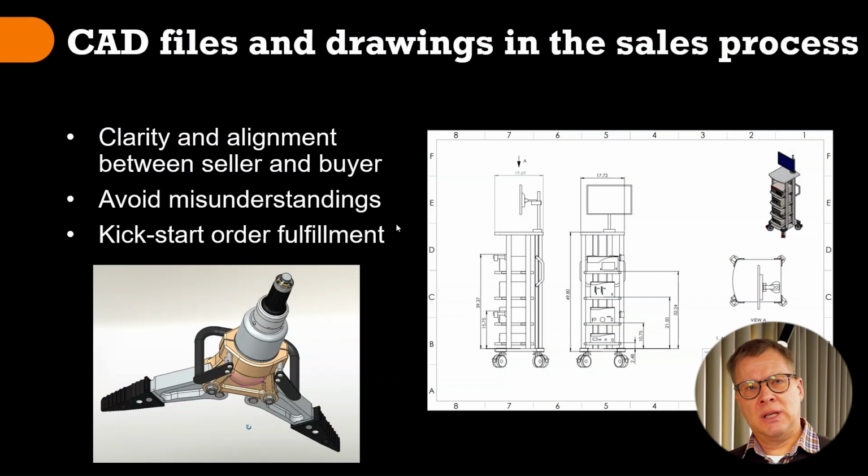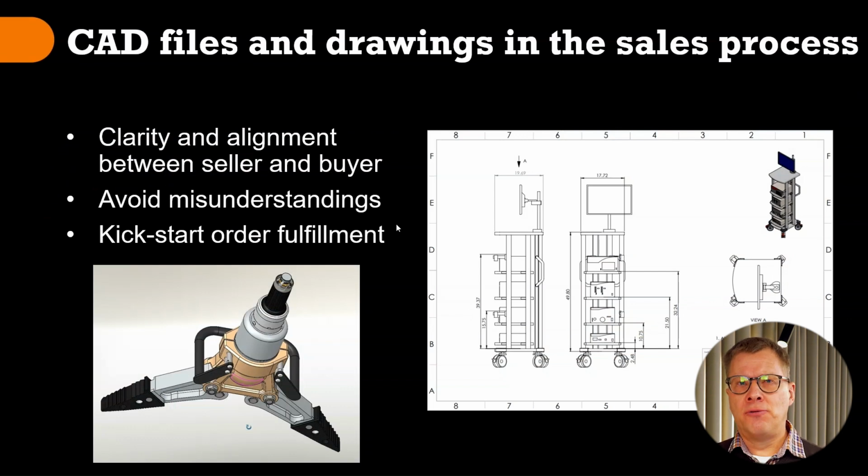First of all, CAD files of the equipment clarify what is being sold and align the buyer and the seller in multiple ways. I mean, sizing, collision control, things like this can be checked if you have CAD files early in the buying process that you provide to your customers.